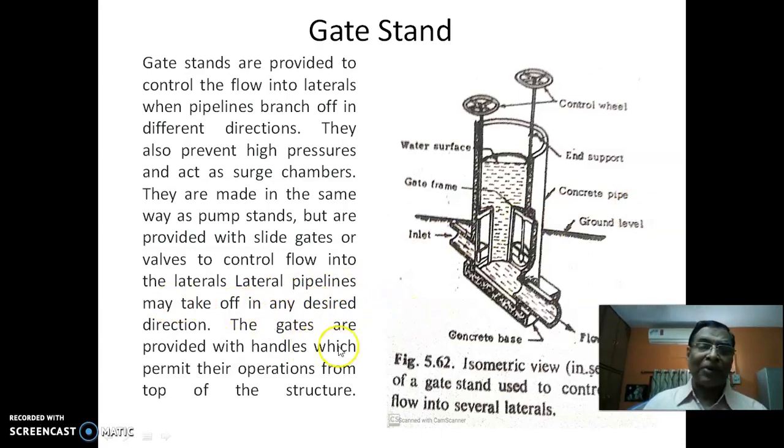The gates are provided with handles, which permit their operation from the top of the structure. So the pipe is underground, and simply at the top you can see it on the surface. You can operate it from the land on top of the surface.